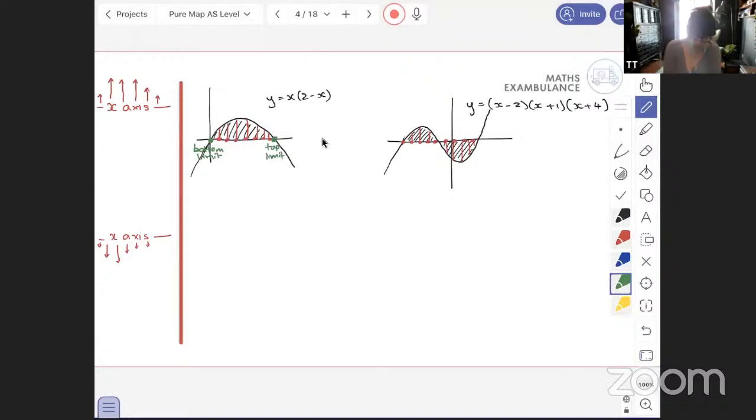Quite often you have to work out either an x-intercept or a turning point, like a max or a min, or another type of point, like maybe I tell you the y coordinate and you have to find the x coordinate.